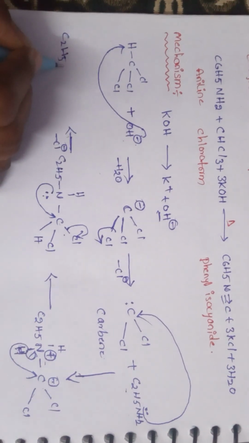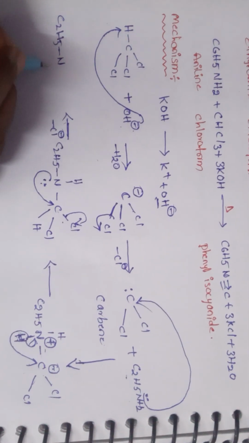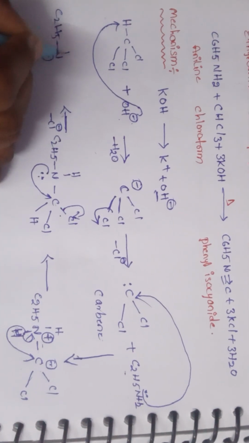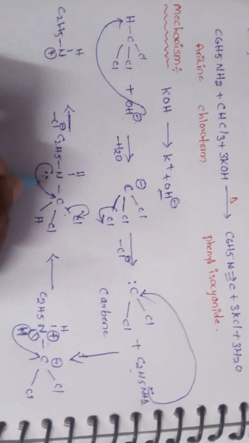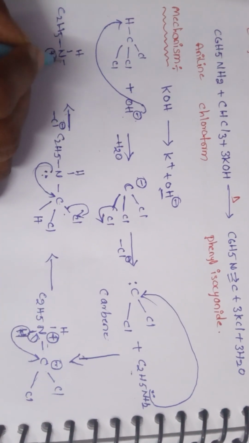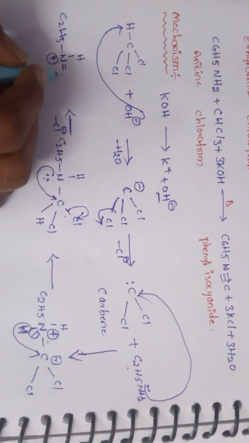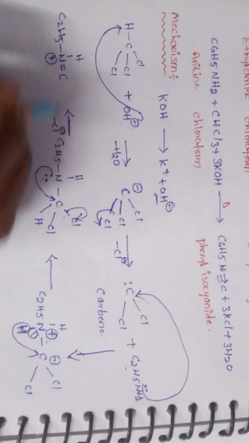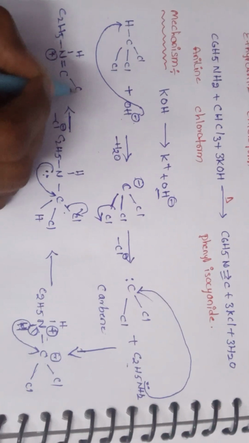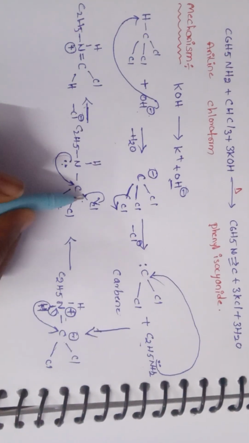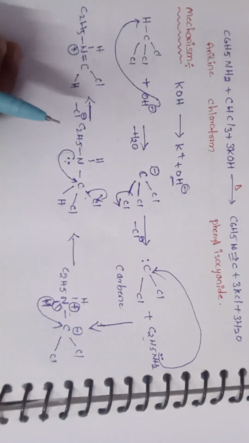Now C2H5, nitrogen gets a positive charge again with hydrogen, and the lone pair and carbon form a double bond. Carbon has Cl and H because minus Cl is removed.